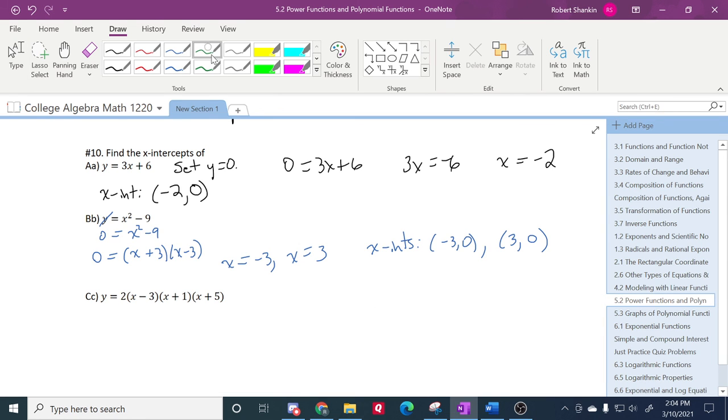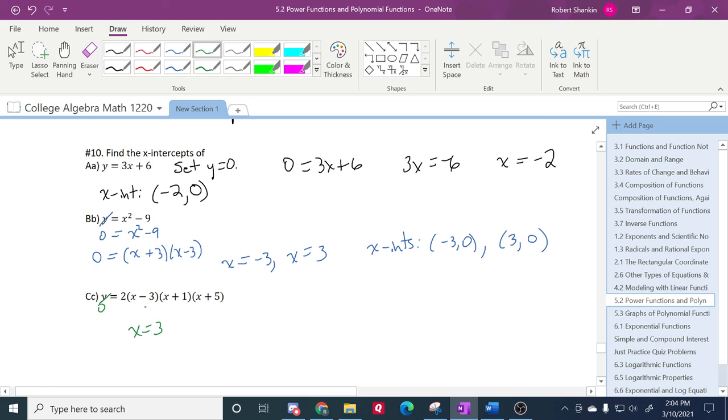Okay, to do this one, find x-intercepts, set the opposite letter to be 0. When a bunch of numbers multiply to be 0, the only way that can happen is if one of these numbers is 0. Now the 2 is stuck at 2, it can never be 0. But the x minus 3 will be 0 if the x is 3.